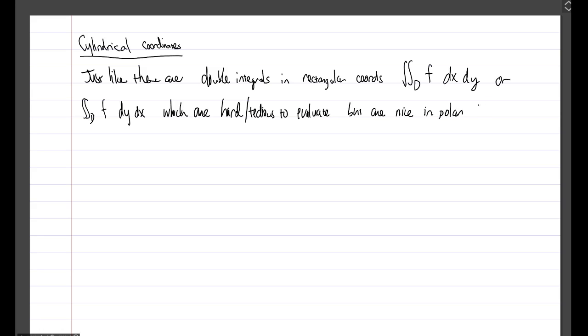So to integrate over the same region D, f, but now you have an r dr d theta to replace the dx dy. Similarly, in the same way, some triple integrals are nicer in cylindrical coordinates.